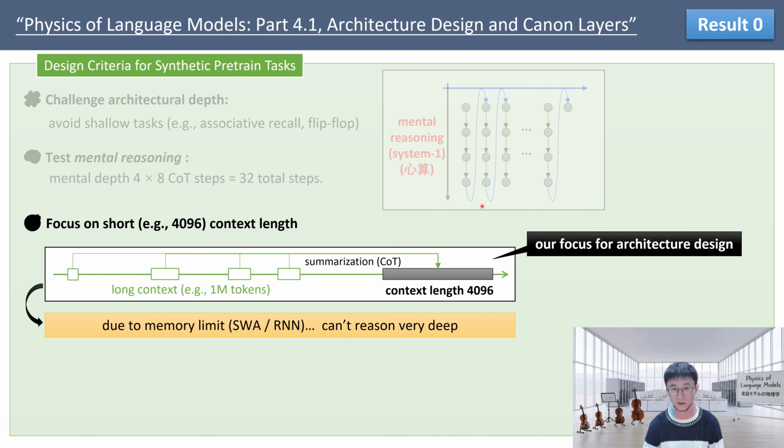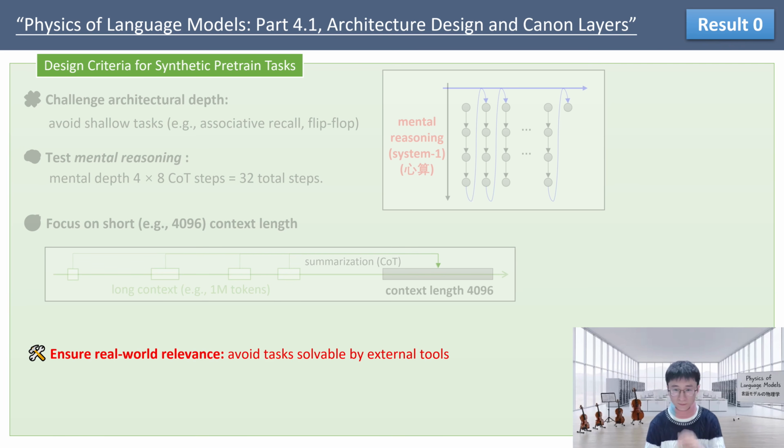So when studying architecture design, what matters the most is not necessarily how long the model can reason. For instance, if it's a long context, maybe all you care about is information retrieval. But in terms of a local context, this is the place where you care about how to perform deep reasoning. And this is what I want to emphasize at the third point.